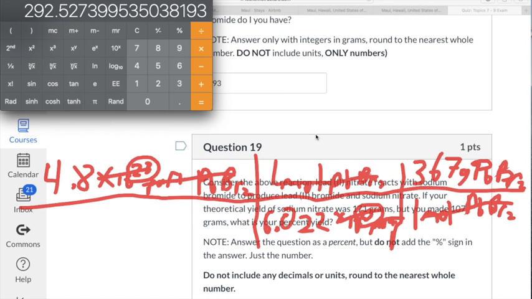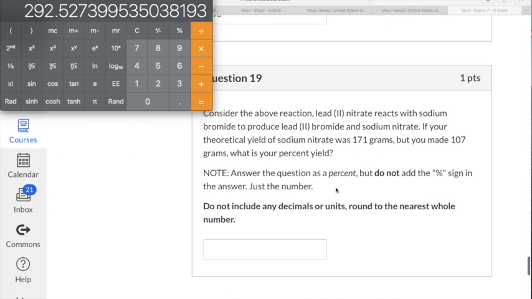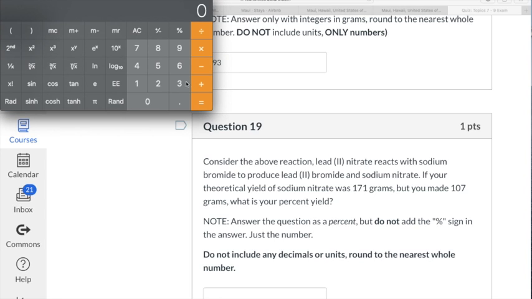Okay, 19. Near the end here, folks. I know this is long, but we're almost there. Consider the above reaction. If your theoretical yield of sodium nitrate was 171 grams, but you made 107 grams, what's your percent yield? Well, that's pretty easy. I have theoretical yield's 171, so I'll put that on the bottom.